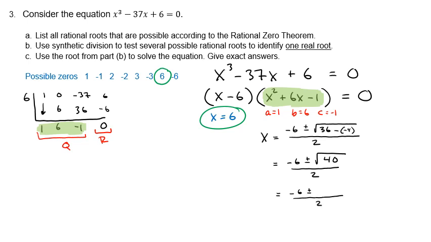And let's see, square root of 40. Well, 40 is 4 times 10. So we could take the square root of 4, which is 2, leaving us 10 under the square root.